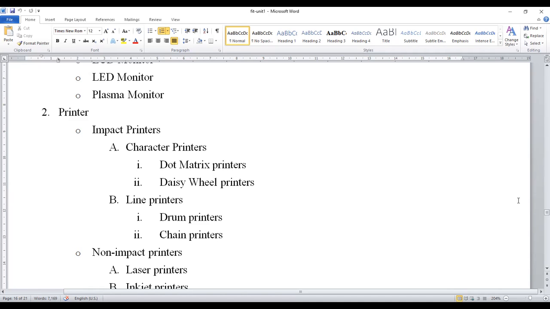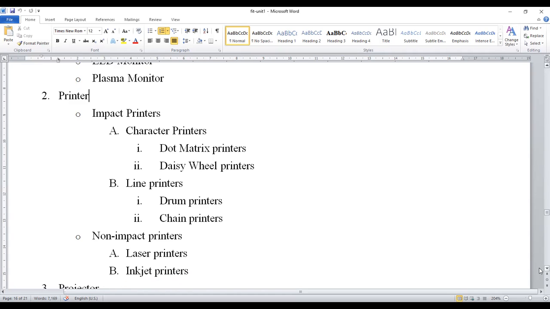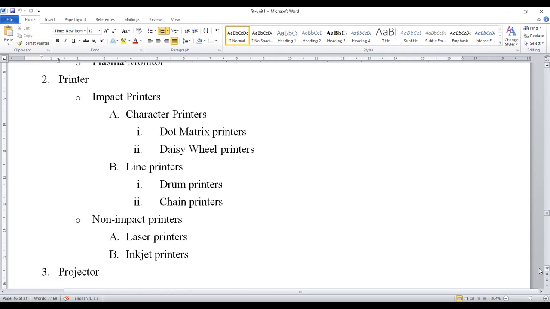In printers there are two varieties: impact printers and non-impact printers. In impact printers, we have character printers, that is dot matrix printers and daisy wheel printers, and line printers, that is drum printers and chain printers.